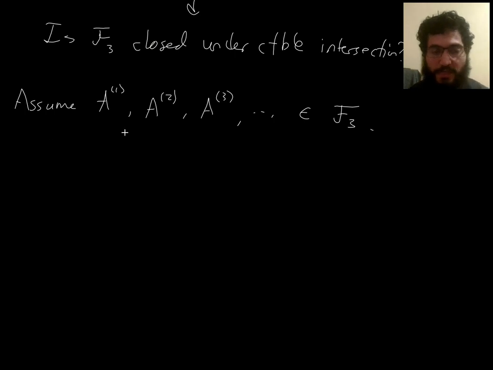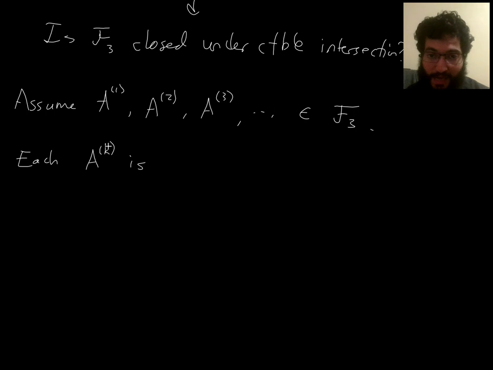Each one of these, since it's in F3, is a countable union of things in F2. So each one of these can be written as a countable union. I paused for a second to try to find a good notation for this, and I have decided to use the index k here so that I can use i similarly to how I was using it before.